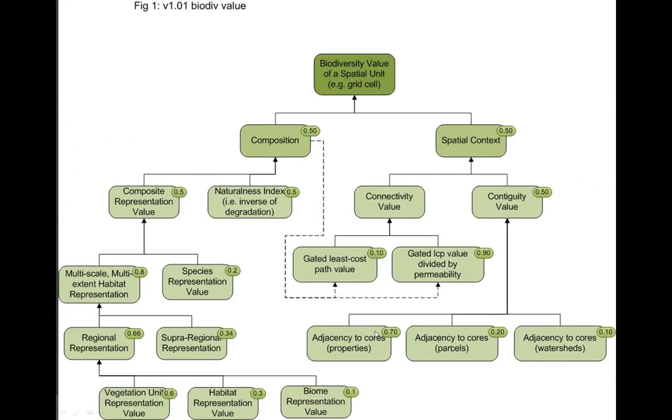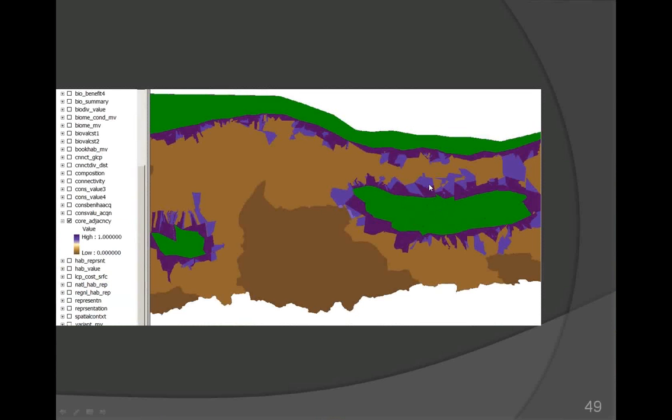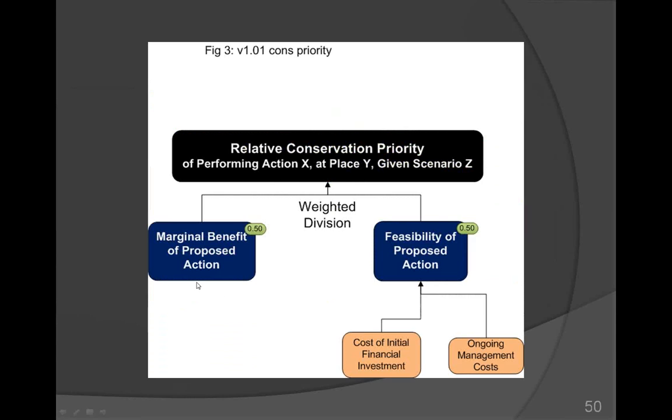You can combine them in a weighted sum down here. It looks something like that. The highest contiguity values are in purple because they're parcels, properties, and watersheds, and so on. Okay, here's the updated version where it's in a weighted sum, so I definitely have to update that part of the presentation.